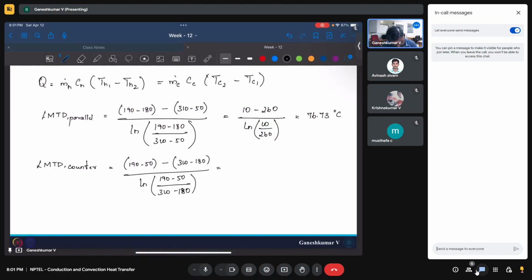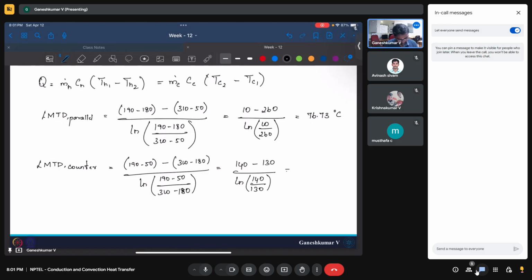So how much is this? 140 minus 130, divided by natural log of 140 by 130.